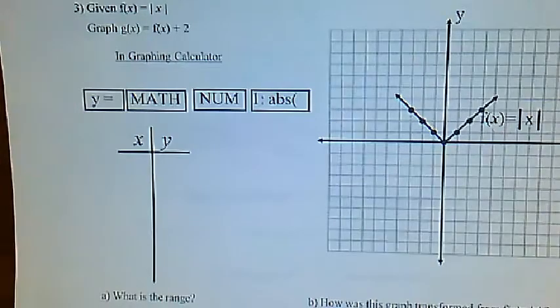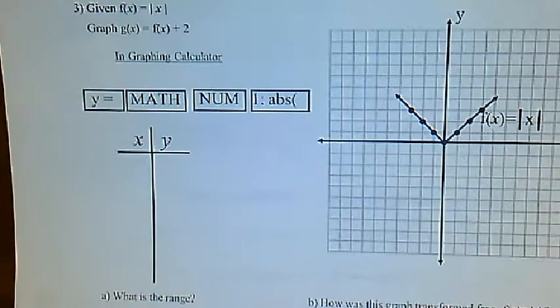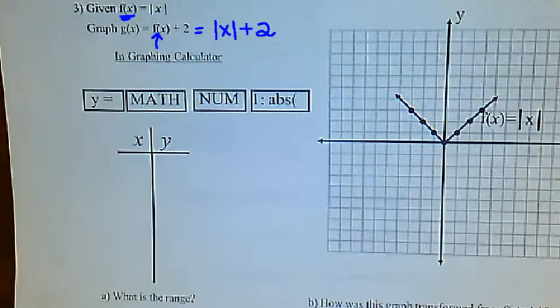All right, the next one we're going to do, we're going to talk a little bit about notation again, just to remember. So this is saying that you take the f of x and you're going to add 2 to it. So what you're putting in your calculator is actually x plus 2, okay?